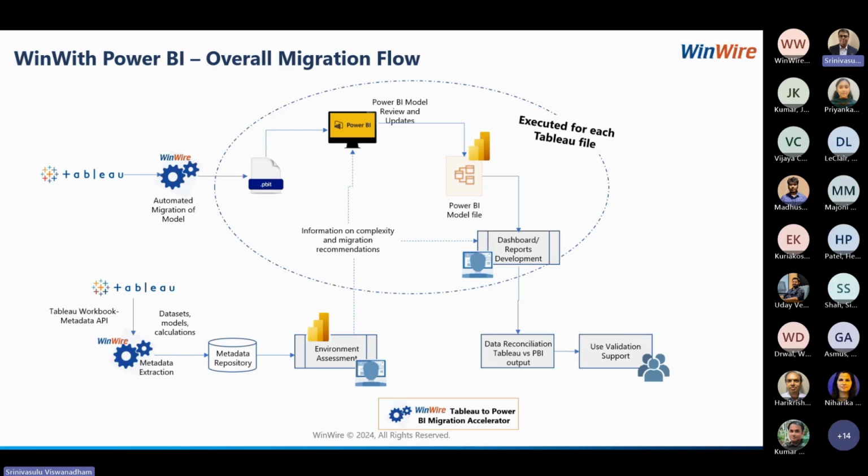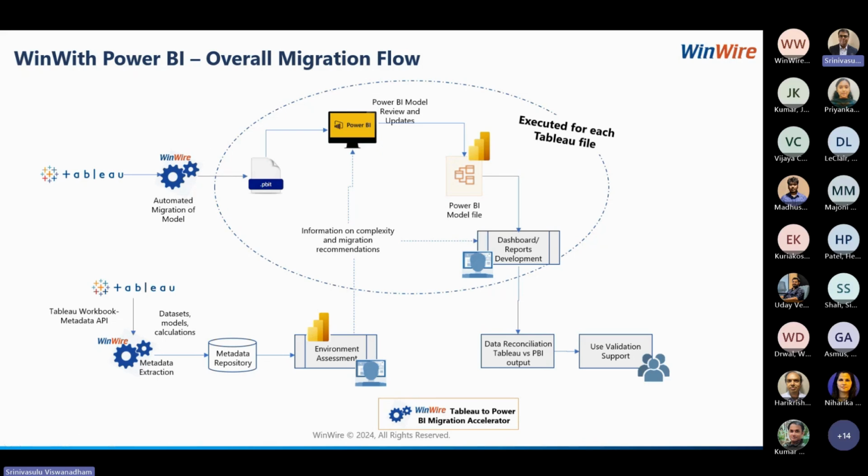These are the level of details we typically need to understand the Tableau landscape. Now, the next step in this solution is the automation of the migration of the model, right?